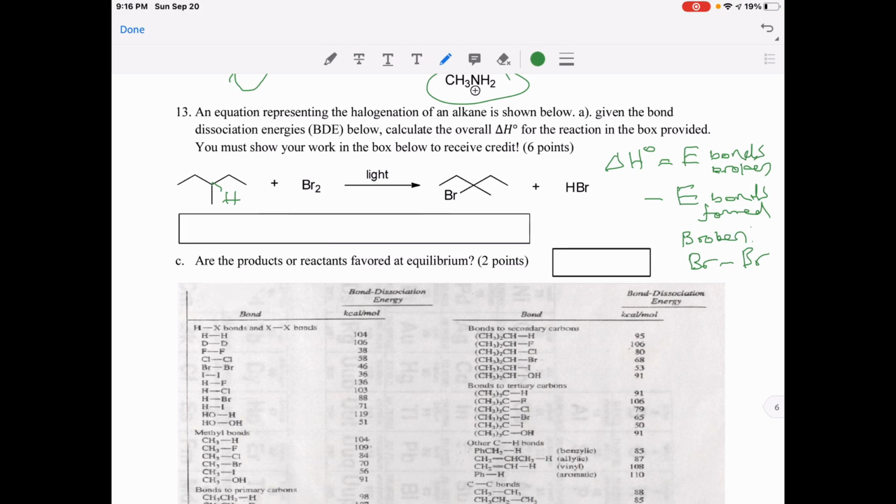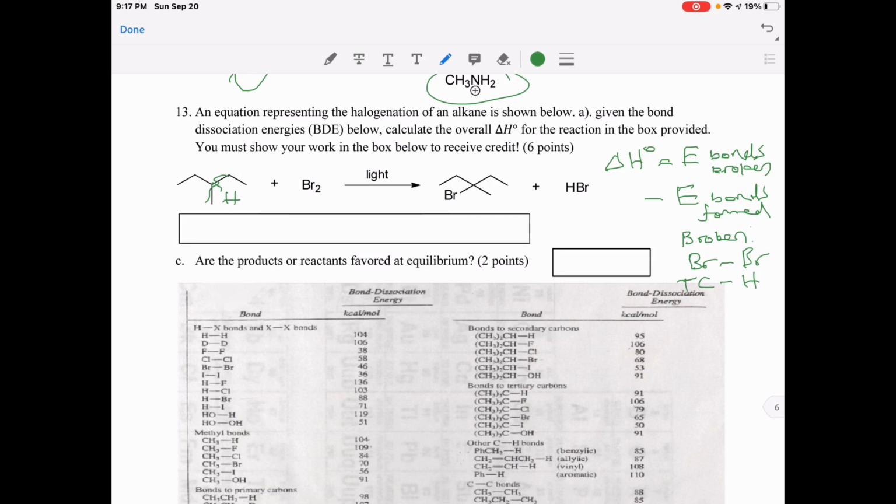The reason why this is a tertiary carbon is because it's attached to 3 carbons, as you can see. So there is a cleavage at this point. I'm just going to denote it as tertiary carbon, TC, and a hydrogen. So these are the 2 bonds that are broken in this process.